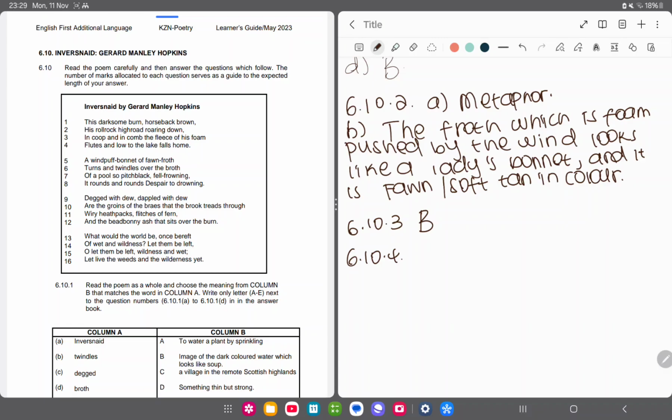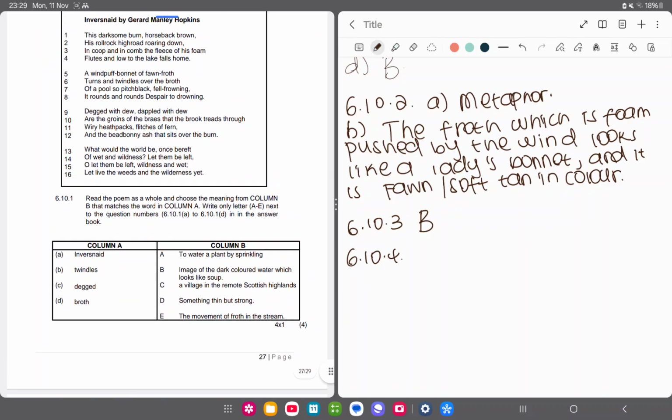burn. We would say that this statement is incorrect because here it says that we have wiry heathpacks and flitches of fern. These flitches of fern simply imply that there are patches.